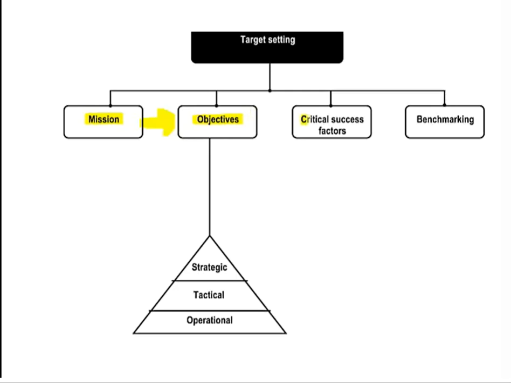We'll also be thinking about what the organisation has to get right in order to succeed, and those are known as critical success factors. And one of the ways that we can achieve this and measure our success in achieving it is through a technique known as benchmarking.